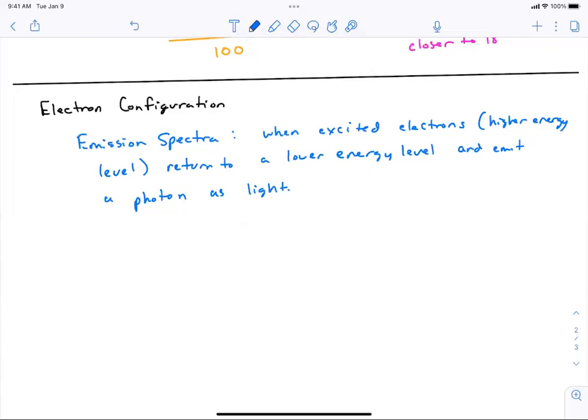So you'll see this diagram where you have energy level 3 and then 1, and the electron will go down, and this photon will be emitted from that. And that photon is the difference in energy between that jump.